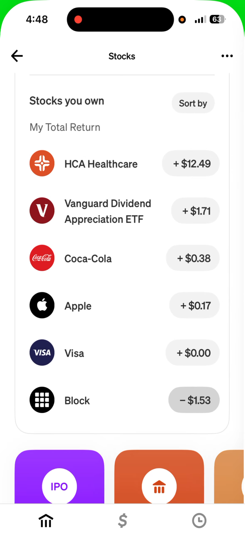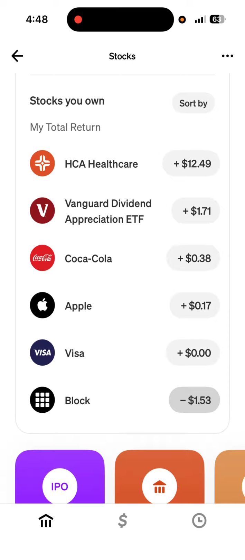So I'm going to go back. Some other shares or stocks I have is Vanguard Dividend Appreciation ETF. This is not a stock, it's an ETF. An ETF is a group of stocks all in one.